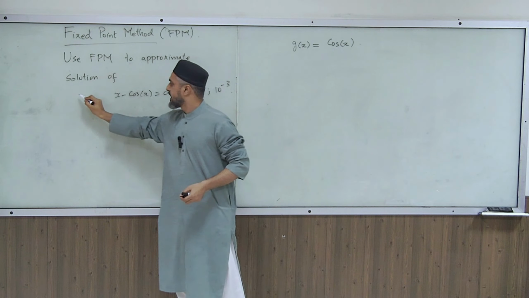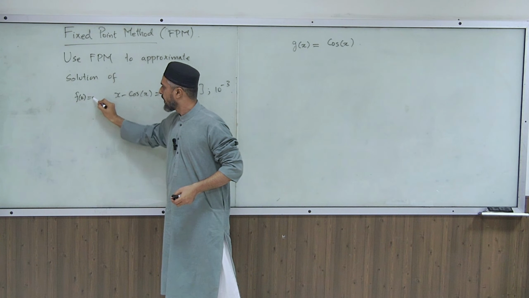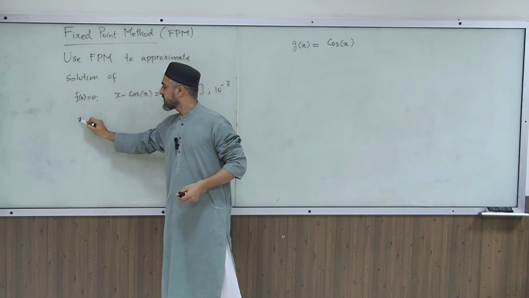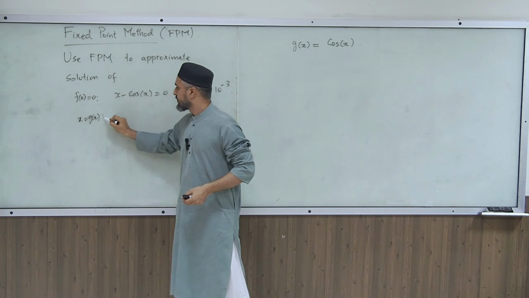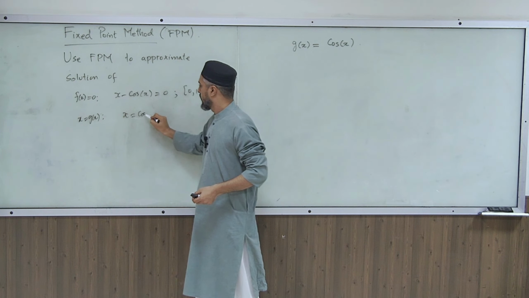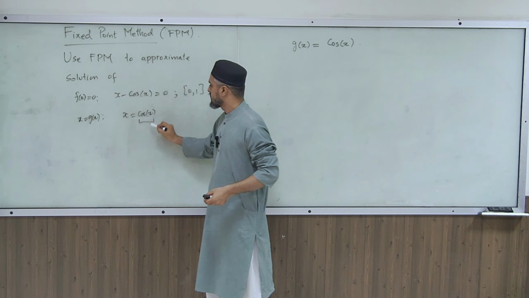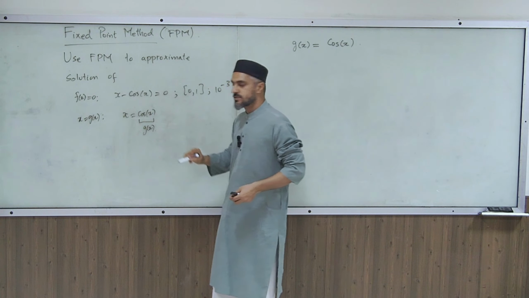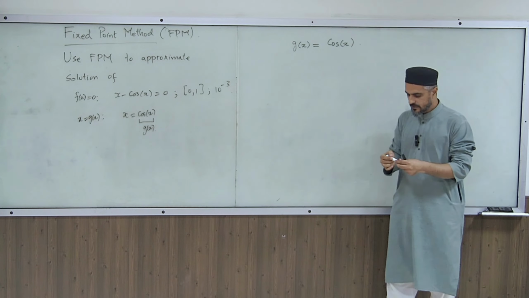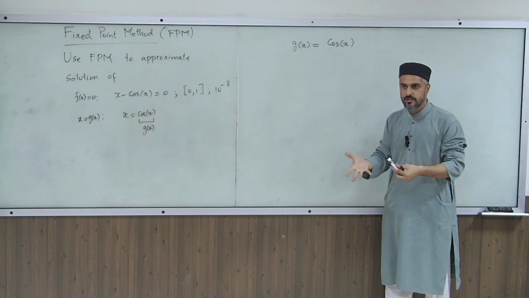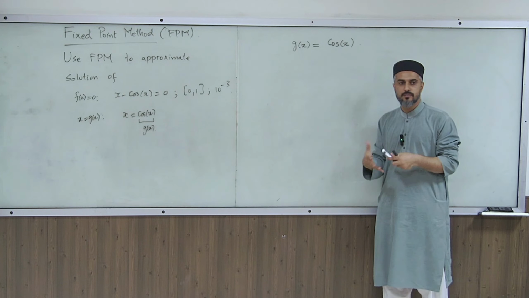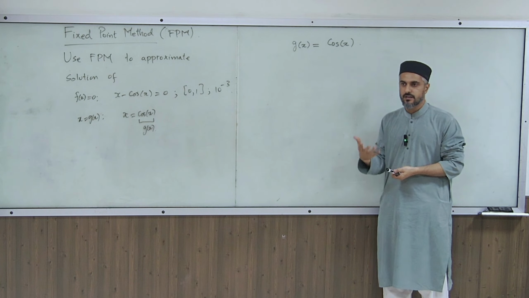This is f of x equals 0, and I have to write it in the form x equals g of x. So I can write x equals cos x, and this is actually the choice of g of x. At this point, our motive is to understand what a fixed point method is and try to develop its generic form.